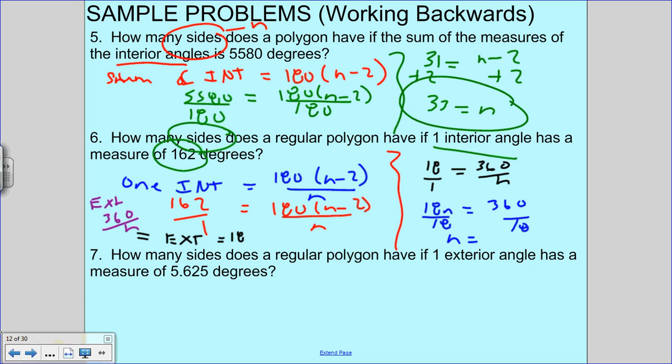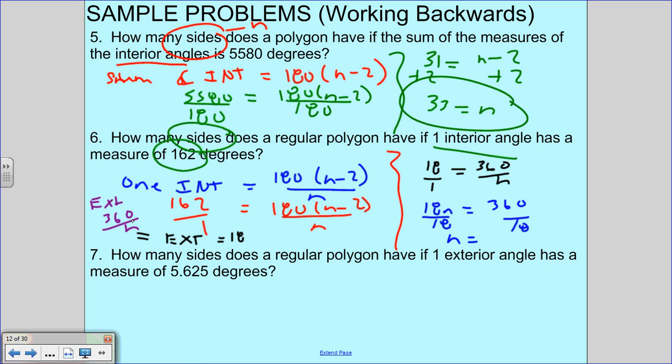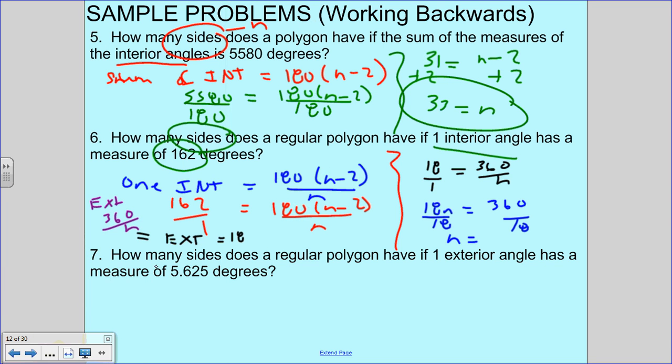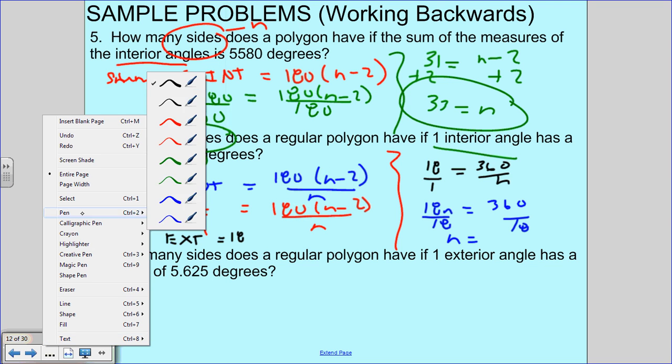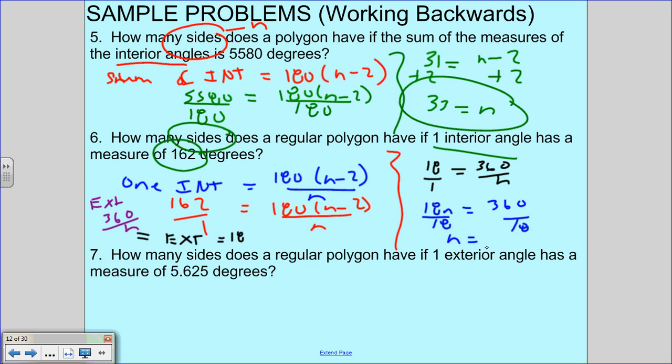And you would have n is equal to 20. Which again, you still would have gotten 20 if you finished where I had started going. It just would have taken you a couple extra steps.